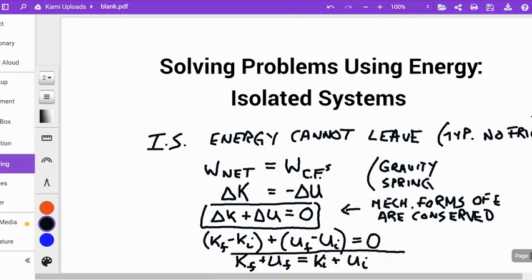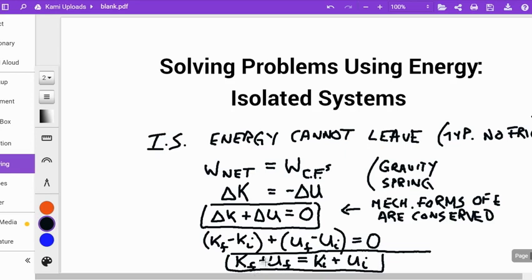And that basically says that whatever total mechanical energy you start with, in other words, K initial plus U initial, if you add up the joules of both, the total number of joules should be equal to the total number of joules at some later point in the system. So at some final point.